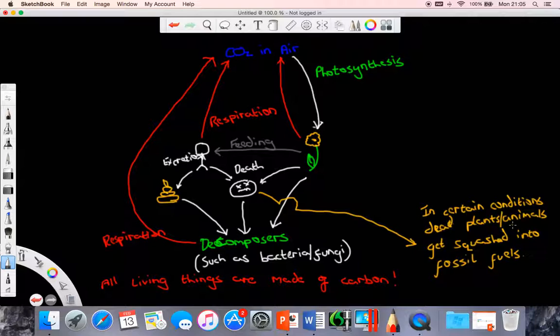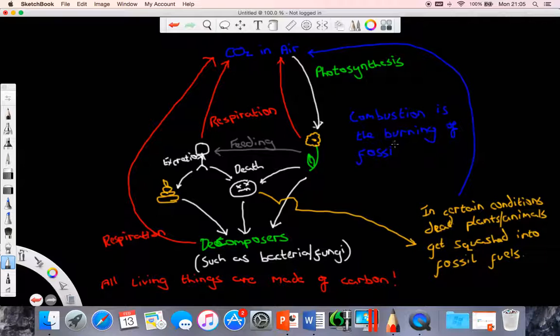Okay? And it's through these fossil fuels being used that we get something called combustion. Okay? And combustion is the burning of fossil fuels which releases carbon dioxide. So combustion is the burning of fossil fuels.